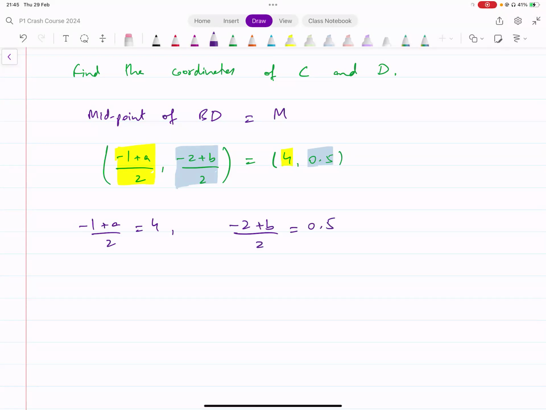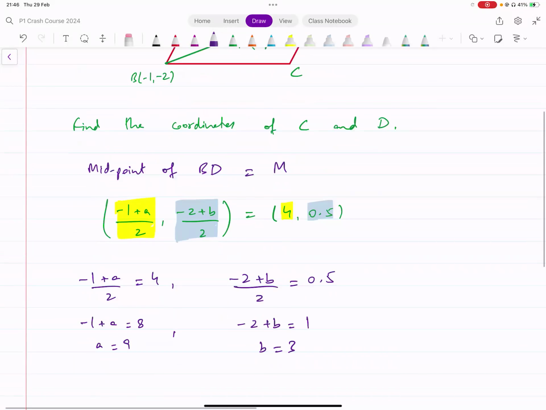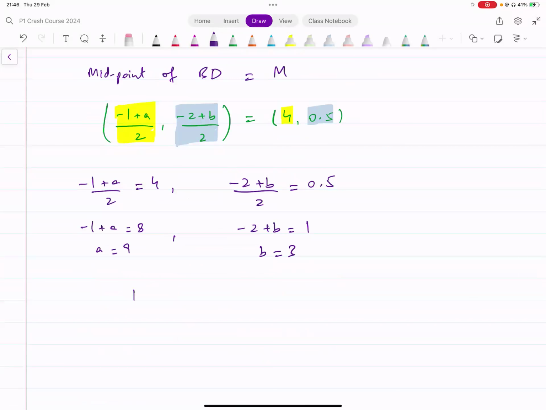You solve the first equation, that gives you minus 1 plus A equal to 8, and the value of A turns out to be 9. You solve the second equation, that gives you minus 2 plus B equals 2 into 0.5, that's 1, and the value of B turns out to be 3. That gives you the coordinates of D, which are (9, 3). Okay, that's one idea.